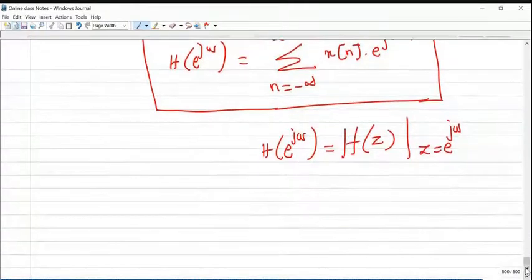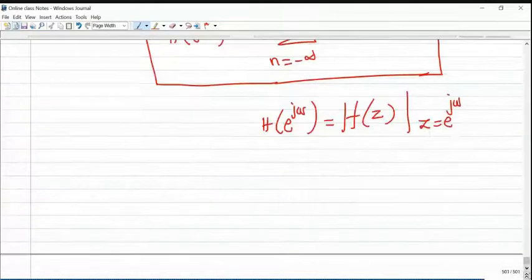So we have a problem using this property. I'll write it down clearly.